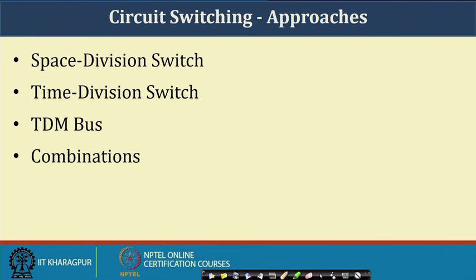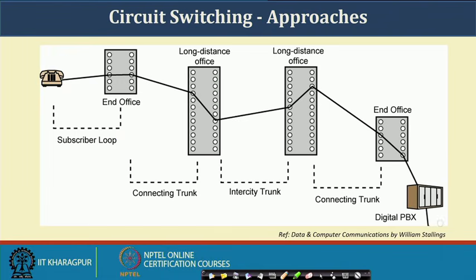So these are the four predominant ones. A typical circuit switching network is like this, and as we know, circuit switching is predominantly for voice connectivity.